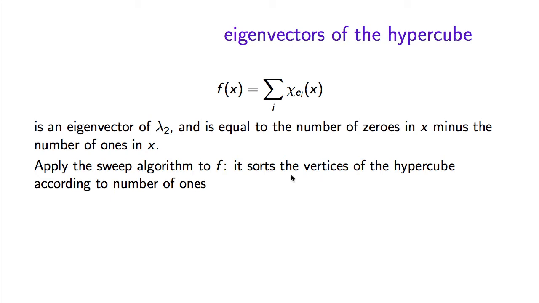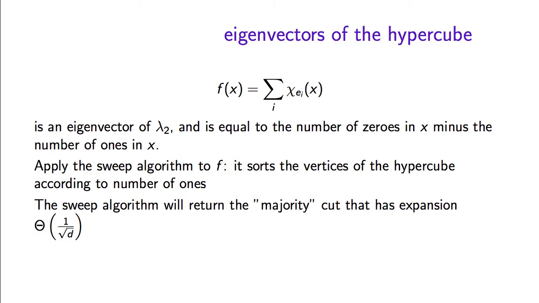Well, then the vertices will be sorted according to the number of ones that they have. So then the best cut that can be found if the vertices are ordered in this way is the cut where you get all the vertices that have a majority of ones on one side and all the vertices with a majority of zeros on the other side.